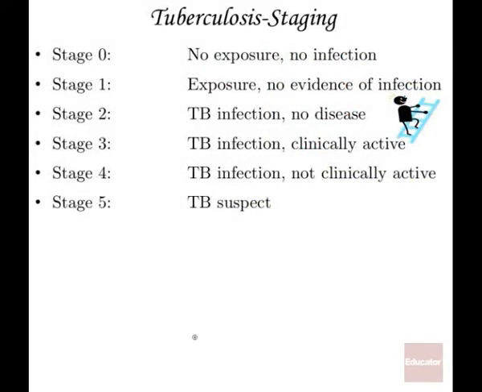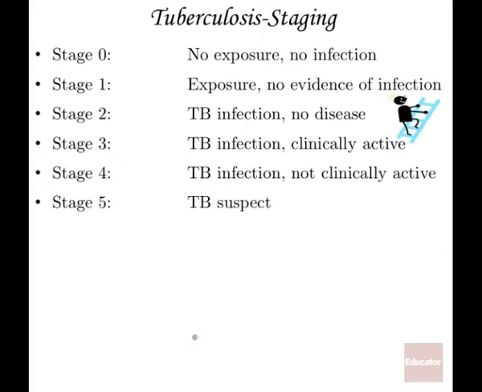So let's think about staging. Okay, we have stage 0 through 5. Now, this type of staging is not one like cancer, where as you go higher in stage, you indicate a more serious form of disease. Here, it's more like a timing of disease more than anything.